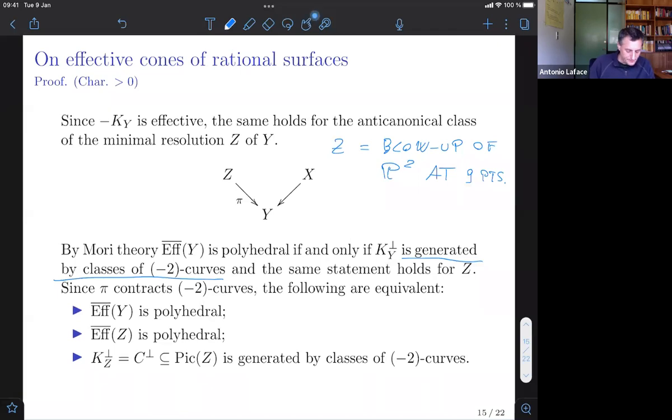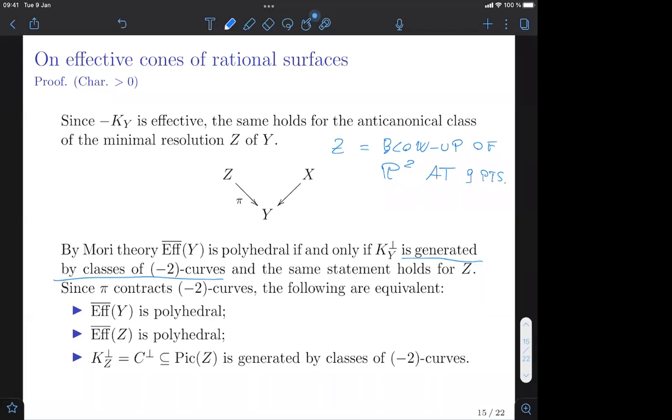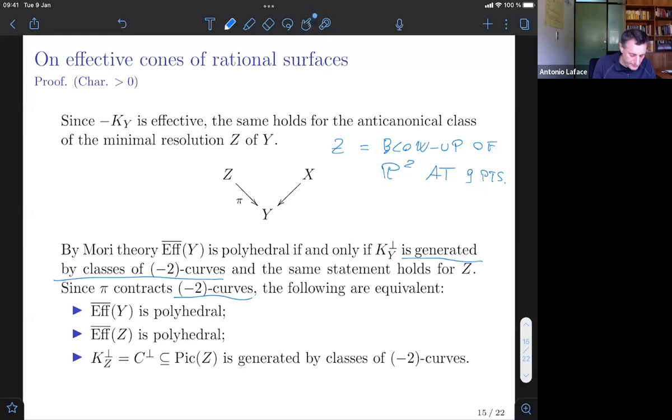In particular, since this pi is a resolution of du Val singularities, so it's contracting -2 curves, then one can show that the pseudo-effective cone of Y is polyhedral if and only if the pseudo-effective cone of Z is polyhedral, and both conditions are equivalent to the fact that this KZ orthogonal, which is C orthogonal, is generated by classes of -2 curves. So then one focuses on the last condition, which is easier to manage.